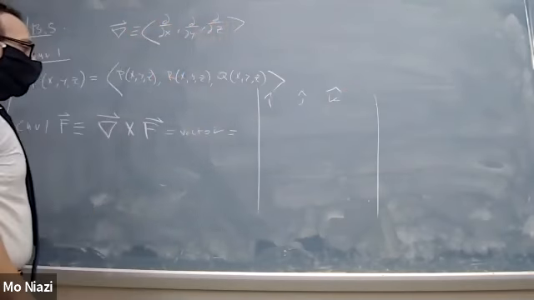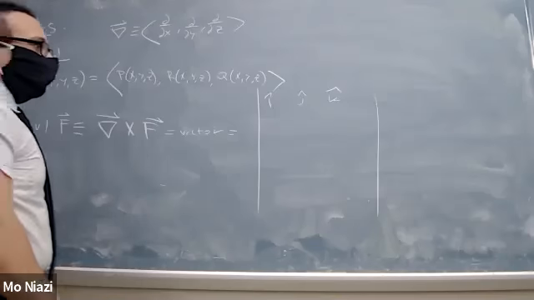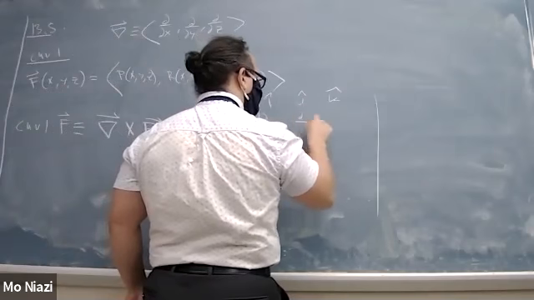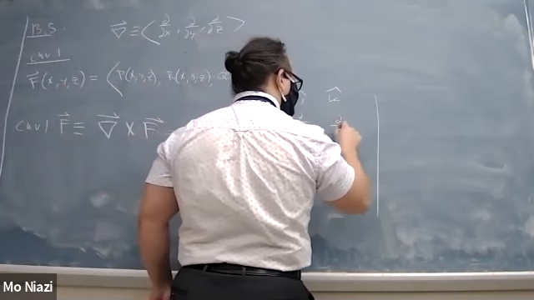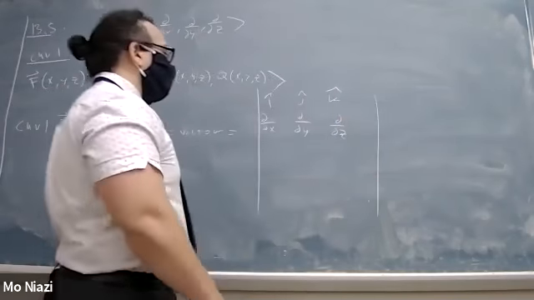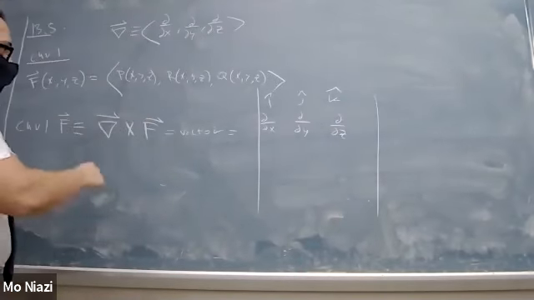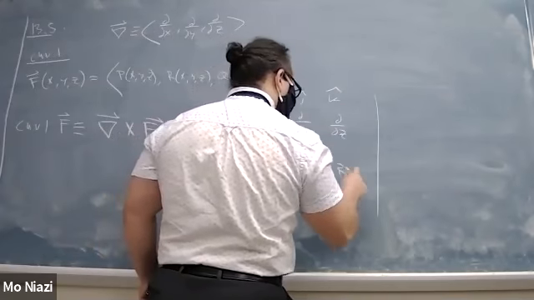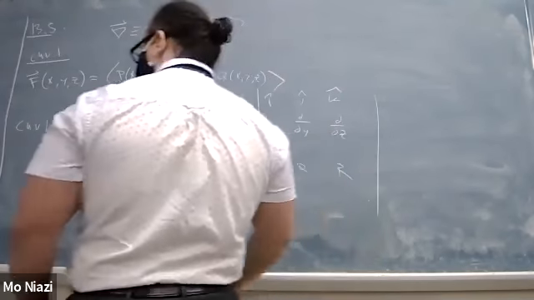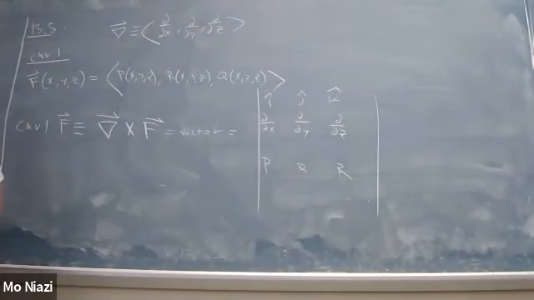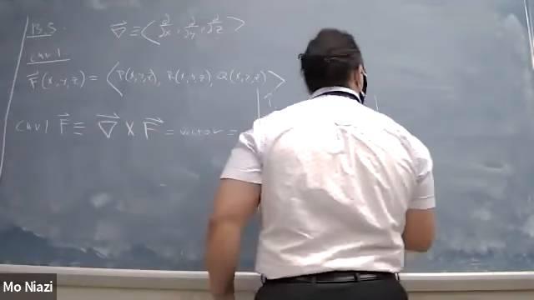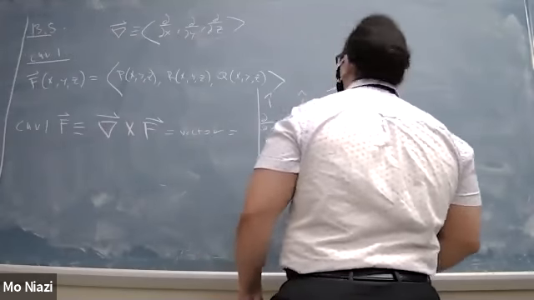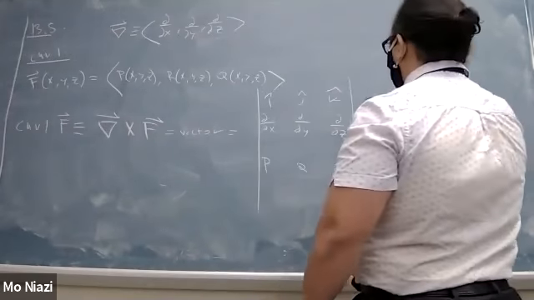So when we take the cross product, we have i, j, k. And over here, we're going to have partial x, partial y, partial z. And then for F, we'll enter the entries P, Q, and R. Okay? So what do we get here?